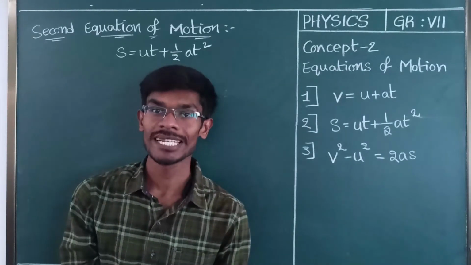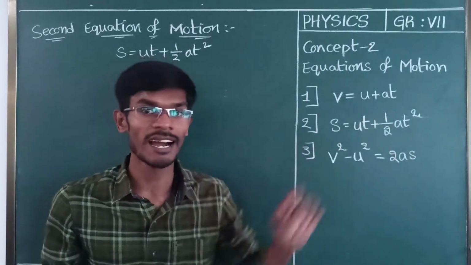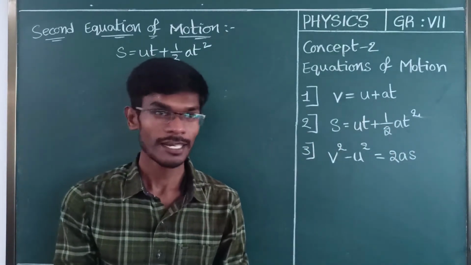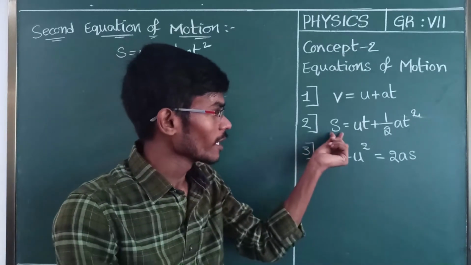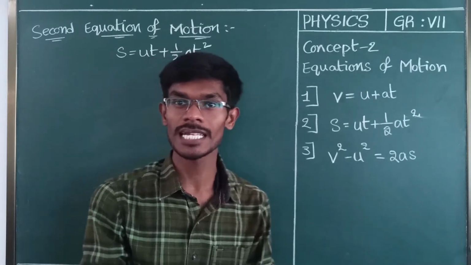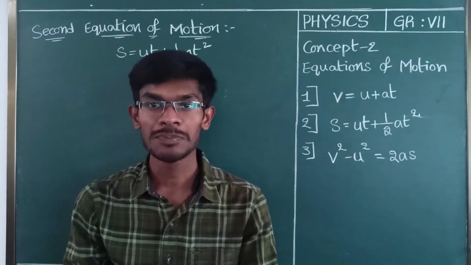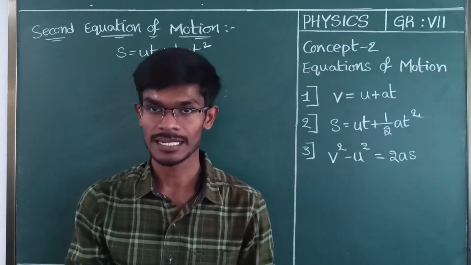Students, the second equation of motion is s = ut + half at squared. Here we observe a quantity, displacement. It gives us the relation for the displacement traveled by an object in t seconds.